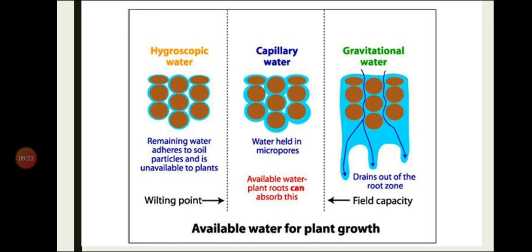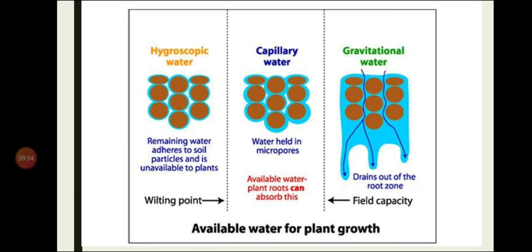You can open your textbook and mark what you have to study. 6.1 is the introduction part and properties of water molecule. 6.2 is the water absorbing organ, that is root, structure of root hair, that we studied in our last lecture, and water available to roots for absorption, that we have studied today. Till here, page number 120 of your textbook, you have to study for your exam purpose.